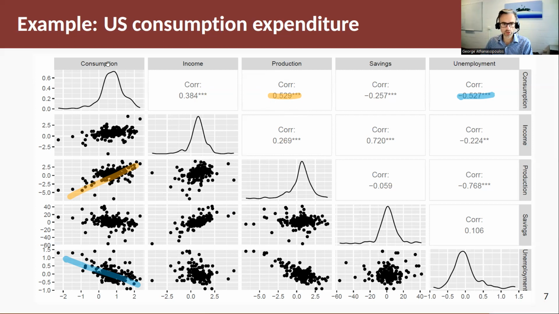The correlation between consumption and production is 0.529. The correlation coefficient between consumption and unemployment is negative 0.527. Of course, looking across the other columns, we can see some relationships between the predictors themselves. Income and savings are highly correlated, with a 0.72 correlation coefficient. Production and unemployment are highly negatively correlated, at negative 0.768.